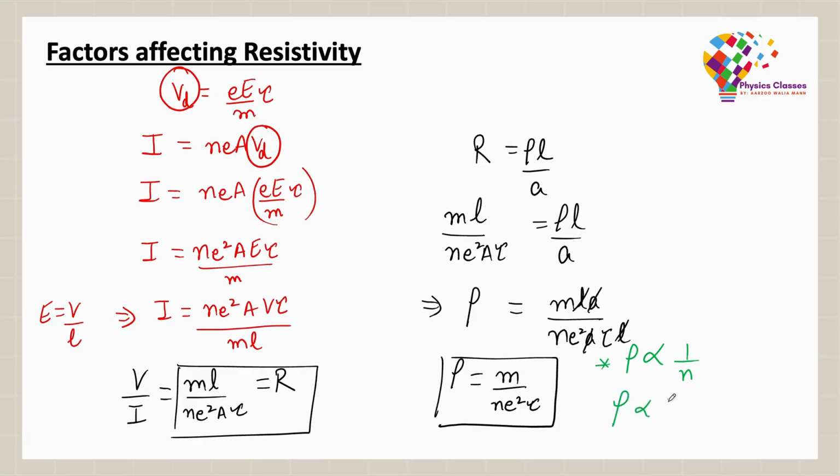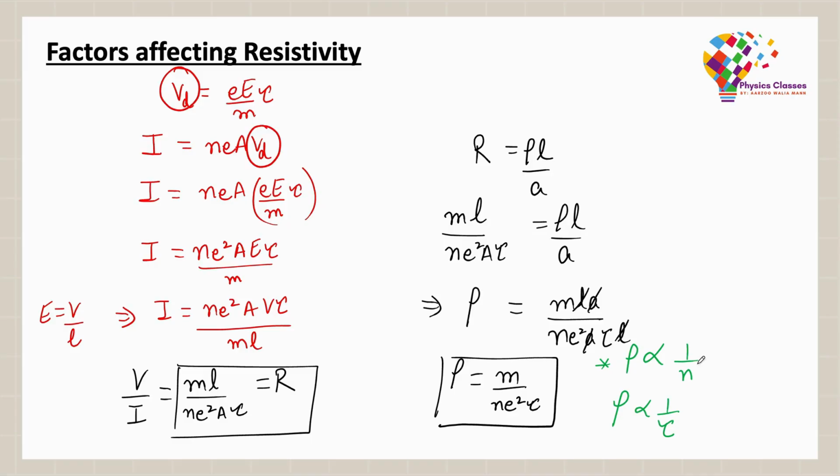So it depends on the relaxation time and the number of free electrons per unit volume. These are the two factors that affect resistivity. That is why we say that resistivity depends on the nature of the conductor and the temperature. Those are the only two factors that affect resistivity.